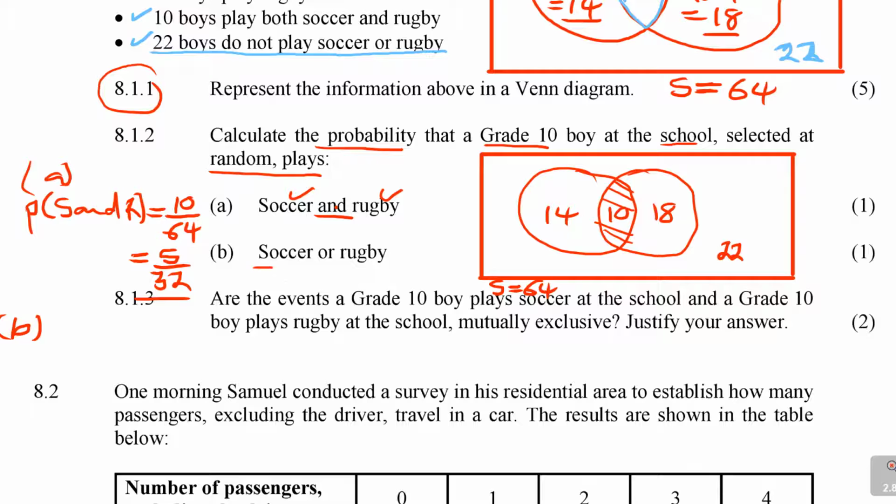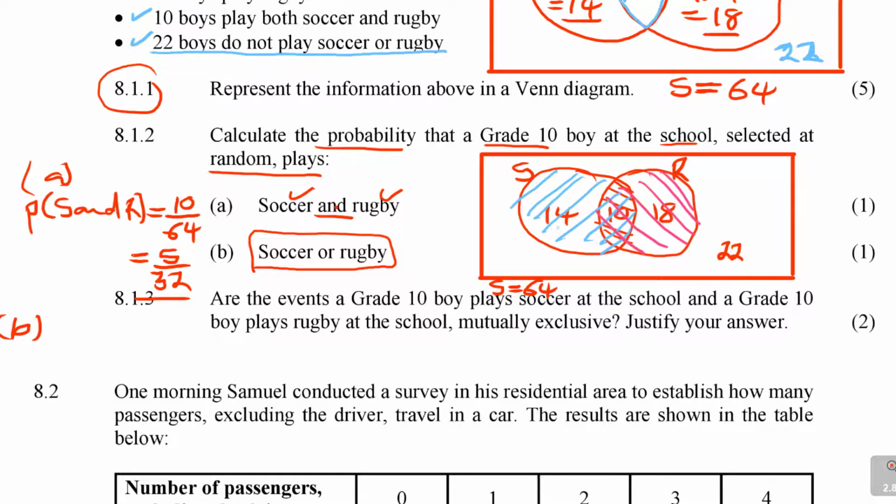If you want to find those who are playing soccer, all these are playing soccer. And those who are playing rugby, all these are also playing rugby. But you can see that 10 is repeated twice.